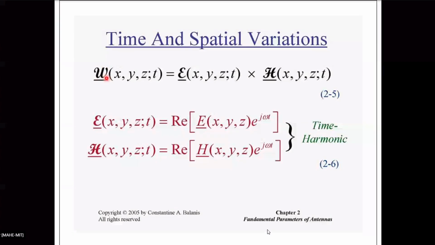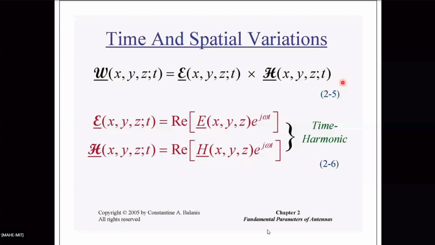Are you getting it? Because it is E cross H. Yes, sir. Okay. Now what is this? This is small w, which is equal to small e cross small h. What does small e represent?